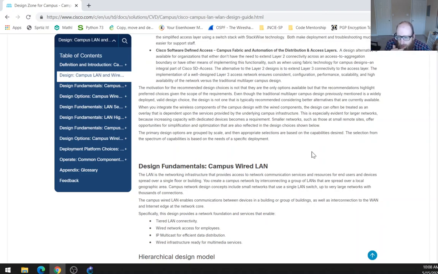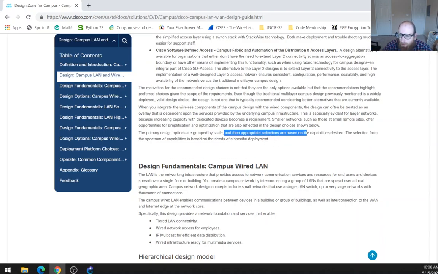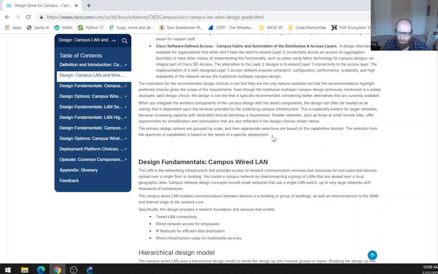Smaller networks, such as those at small remote sites, offer opportunities for simplification and optimization that are also reflected in the design choices shown below. The primary design options are grouped by scale, and then appropriate selections are based on the capabilities desired. The selection from the spectrum of capabilities is based on the needs of a specific employee.